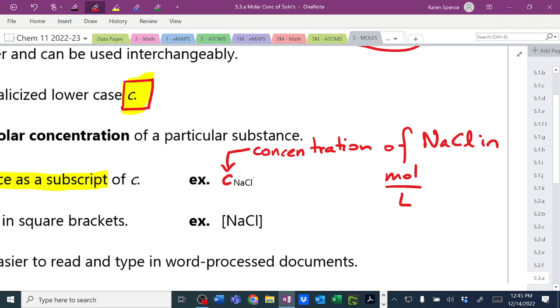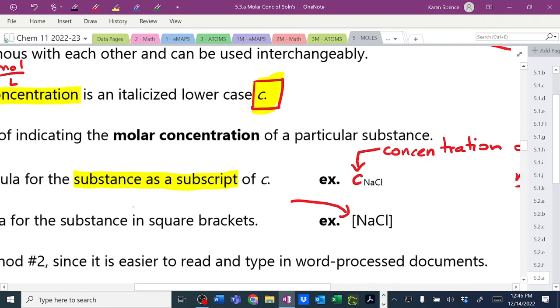This one is the more common notation. So this is the better one. And this is the one that people forget because it's new and it's different. And why would it mean what it means, right?